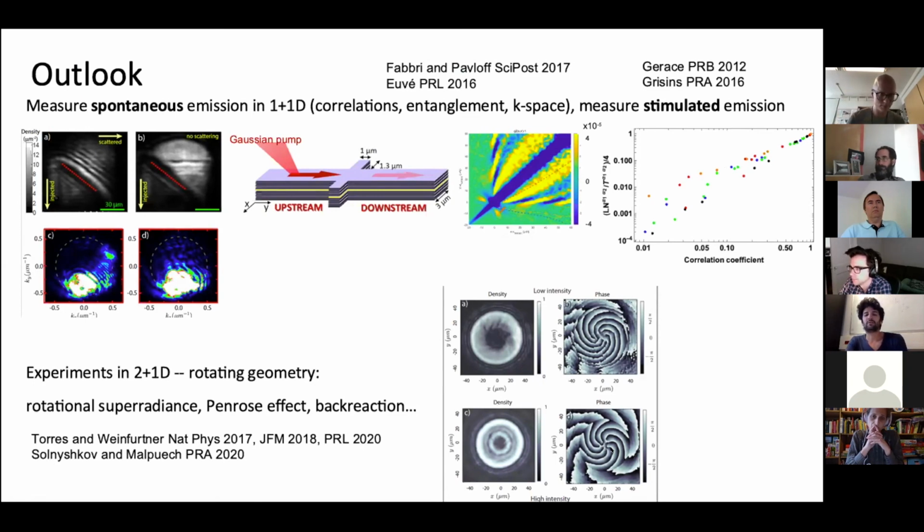And the polaritons exist only, I mean, they are subsonic, and we have superfluidity only in the region inside that beam. So we will always be under the pumping mechanism.